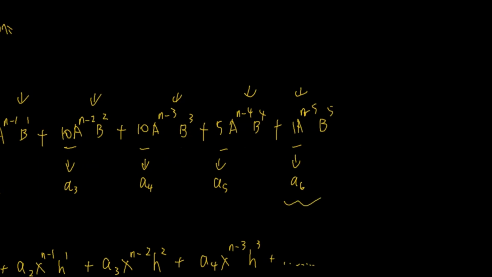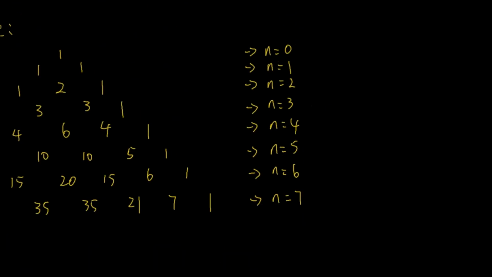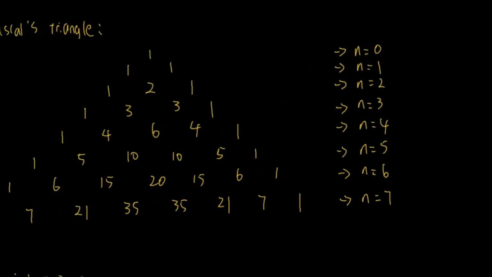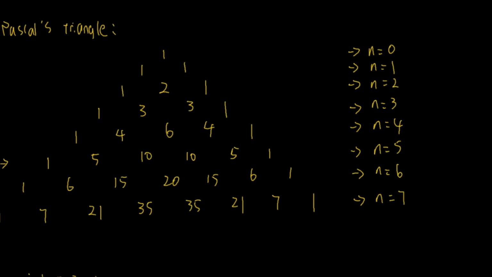So if we go back to the Pascal triangle, look at the n here. We notice that when n is 0, it has one coefficient. When n is equal to 1, we have two coefficients. When n is equal to 2, we have 3 coefficients, so 3 terms in the expanded polynomial.